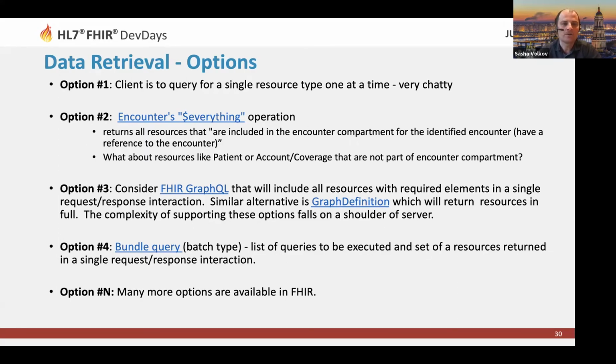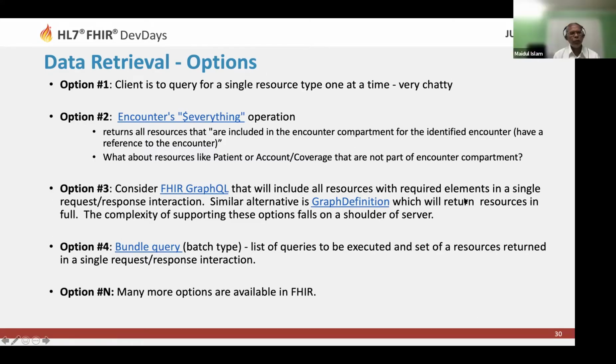I think with some guidance and some minimum education, option 4 will be the best. However, options 3 and 4 might also be very attractive for those systems that have a full FHIR server. It will be a lot easier for them to support. And again, with some client education, you can use this option as well.